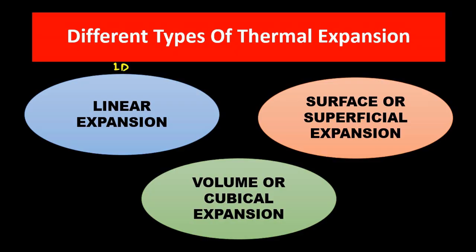Then we have surface or area or superficial expansion, where it happens along two dimensions. This is length. This is two dimension, that is area, and the third one is volume or cubical expansion, which is three dimensional, so it is volumetric expansion.